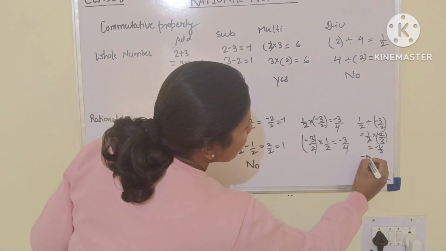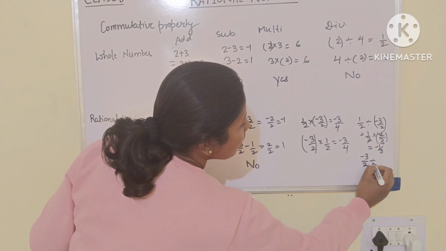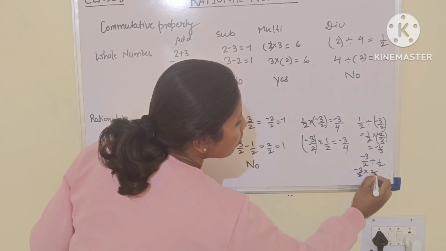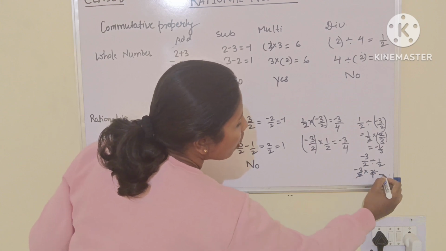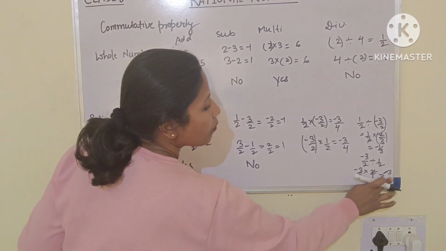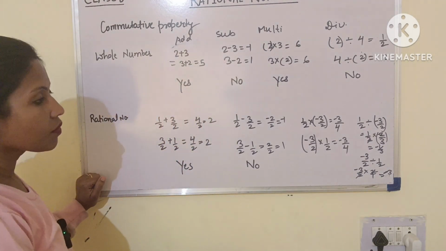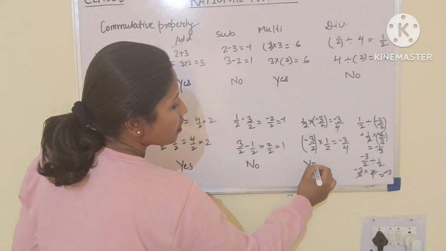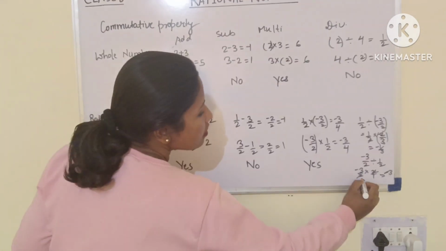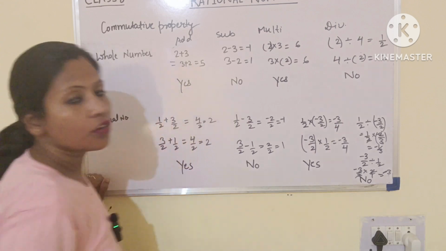Understanding? Let's talk about minus 3 by 2 divided by 1 by 2. That is minus 3 by 2 into 2 by 1. This will give you minus 3. Okay. So here the result is same, so this rule is followed. Here the result is not same, so this rule is not followed.